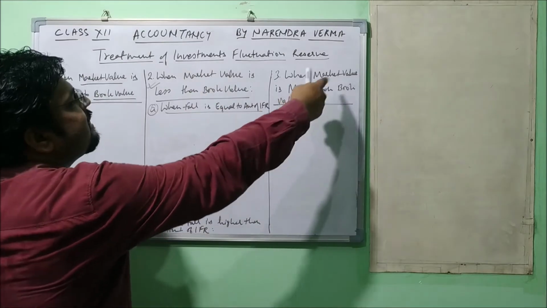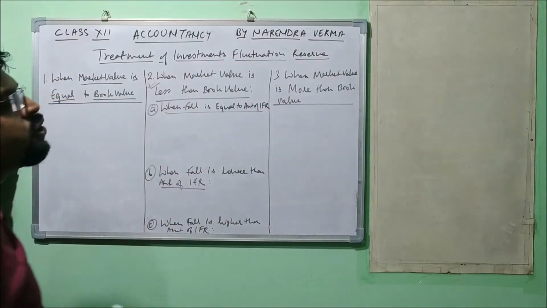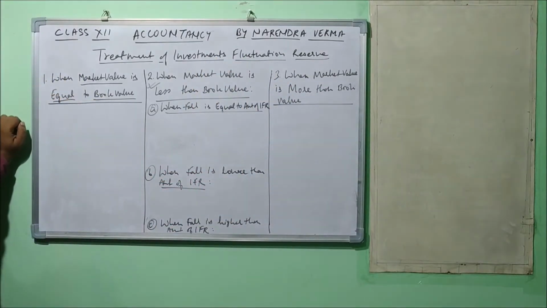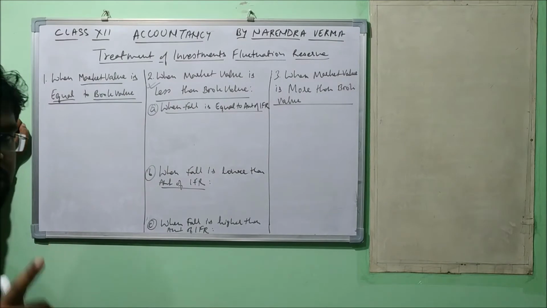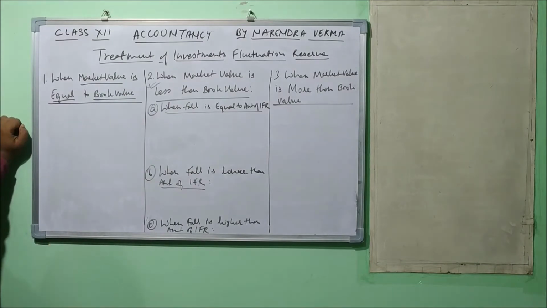So in that case, this entire reserve will be distributed between the partners. I would like to remind you, we are discussing it in context to change in profit sharing ratio. So whenever partners are deciding to change their profit sharing ratio, they are supposed to distribute the reserves and profits, right? If any specific purpose is there, so that purpose has to be sorted out first, only then the distribution is done.